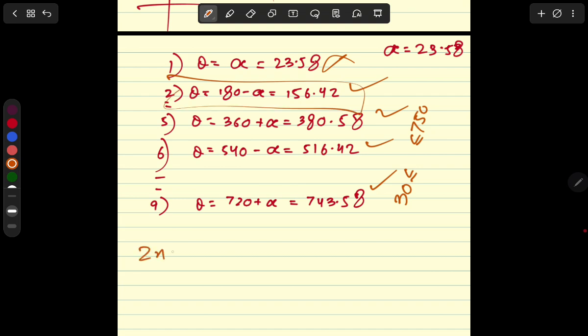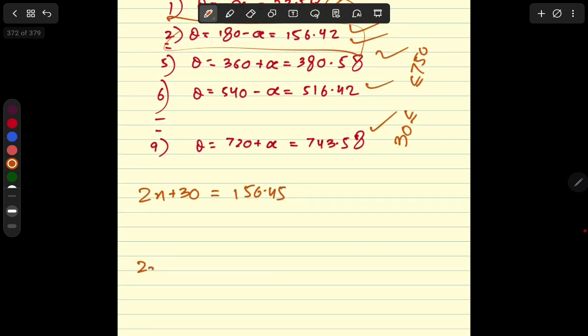These are the answers for 2x plus 30: the first is 156.42, the second is 380.58, the third is 516.42, and the last answer is 743.58.